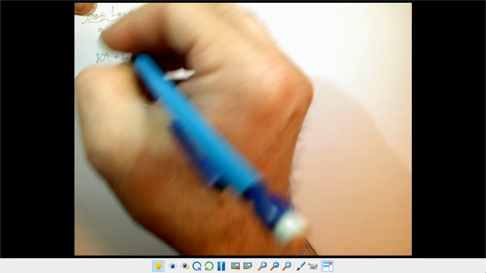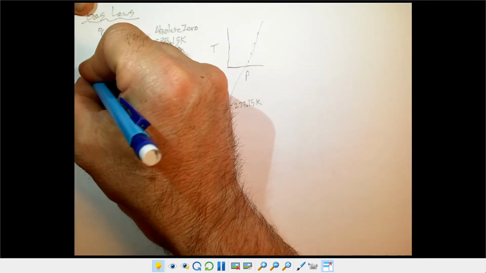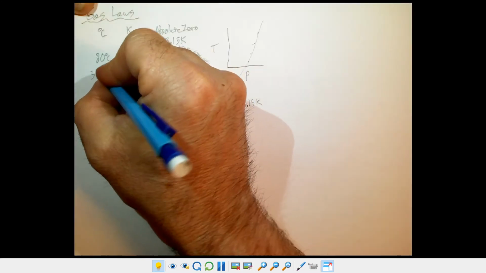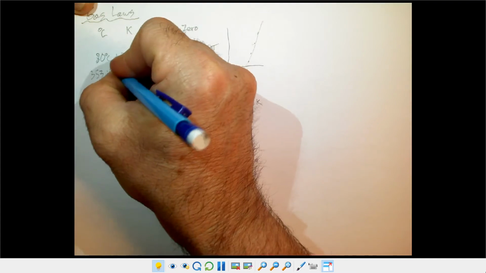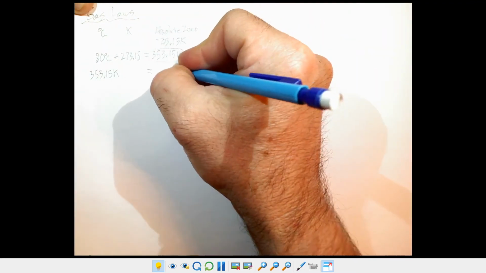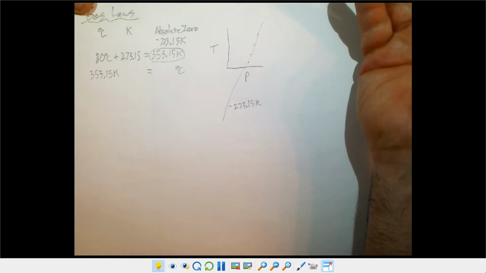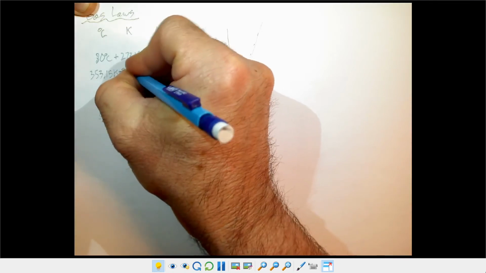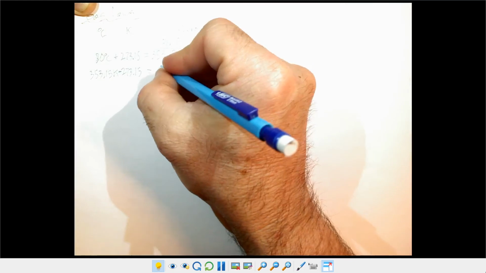If you want to go the other way and convert 353.15 Kelvin back into degrees Celsius, you would subtract the 273.15 out. That would give you the 80 degrees Celsius again that you started with.